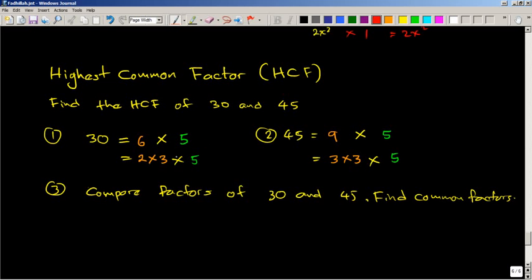The common factors are, first of all, 3. This is 3 as well. They are common. 2, is it common or not? 2 is not common because 45 has no 2. 2 is not a factor of 45. But you have another one. The other one is 5. So there are 2 common factors.